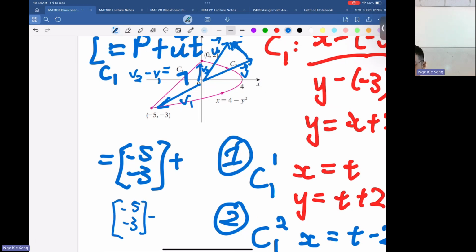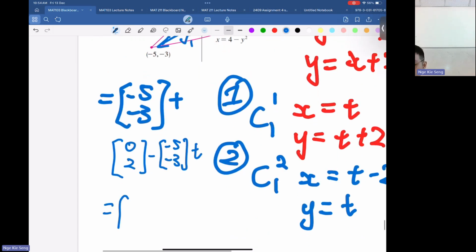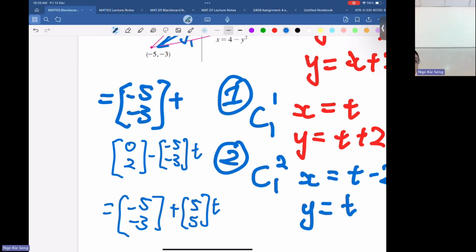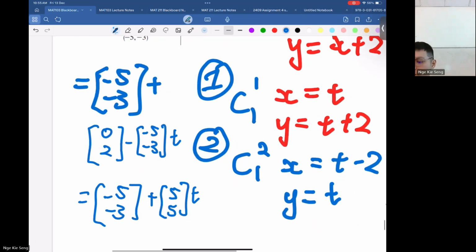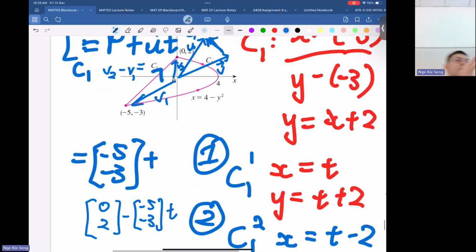V2 is (0, 2) minus (-5, -3), times t. Instead, you get (5, 5). Okay or not? Any questions? One very important thing is that a vector has direction.